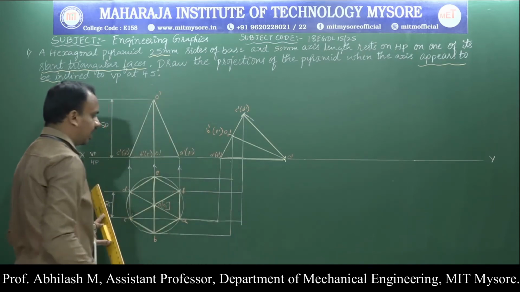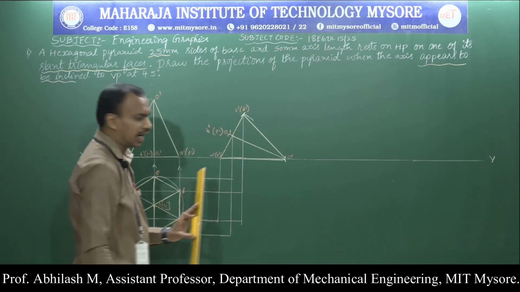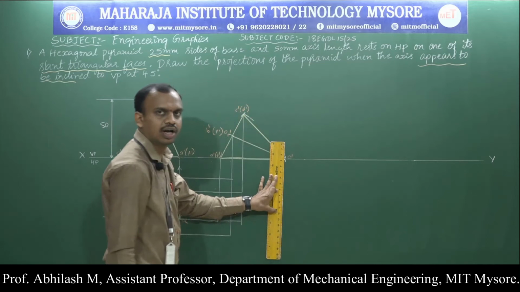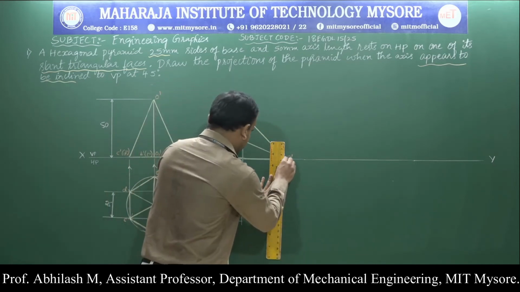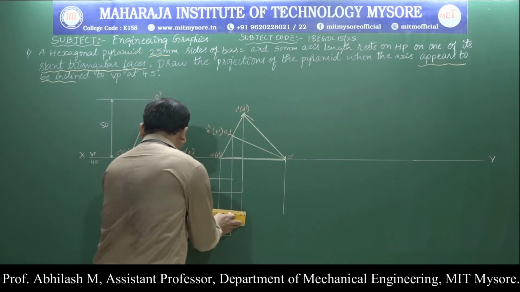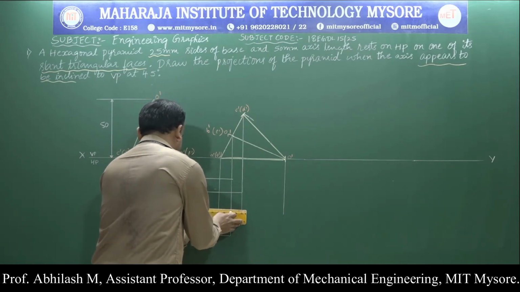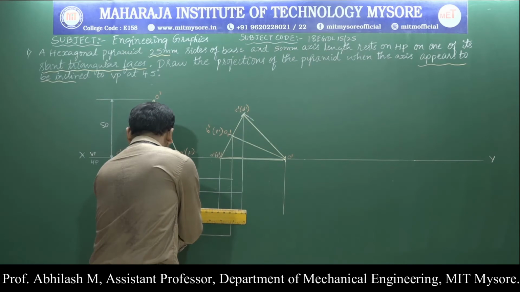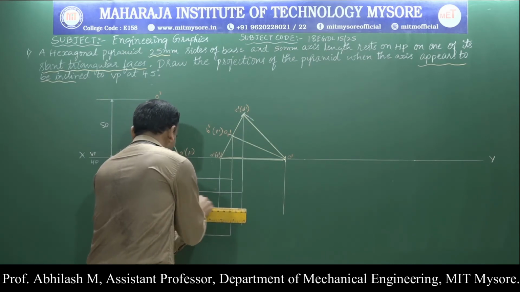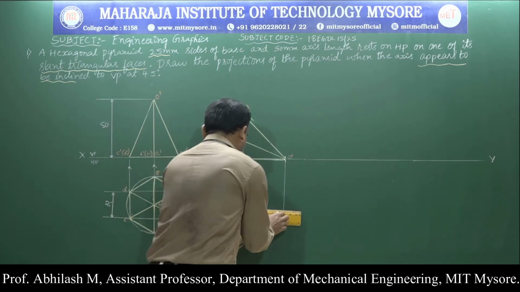We are supposed to identify the O' and O of O1'. Just draw the projection line until the center, and complete it by drawing the projection line from O of O1 as well.